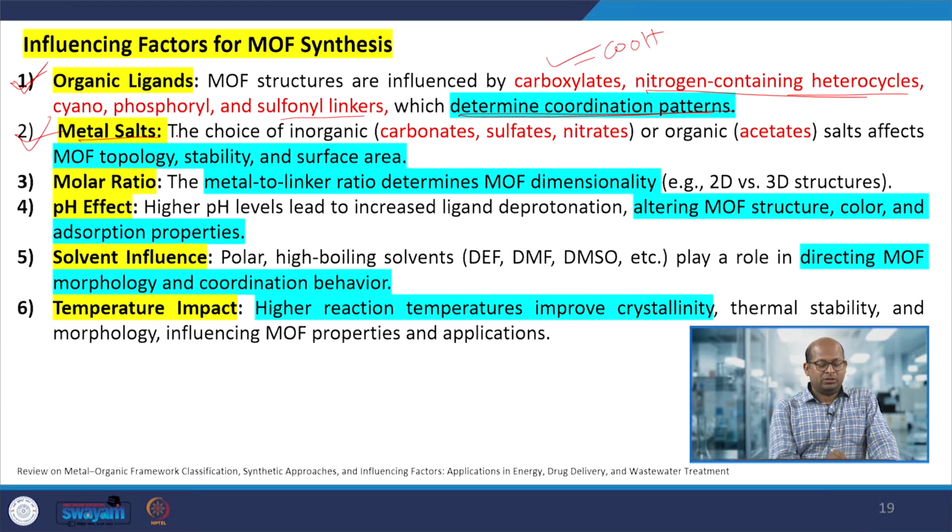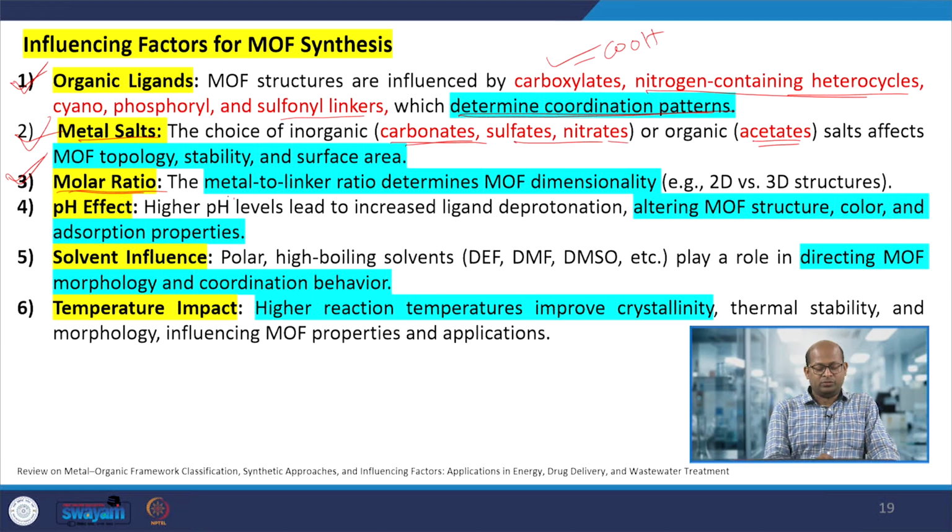Next are the salts; I said we can take different types of salts, either carbonate, sulfate, nitrates, or organic ones, that is acetates. We can use this type of metal salts to prepare the MOFs, and depending upon the salt, the morphology, topology, stability and surface area will change.